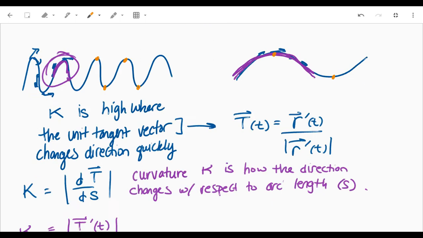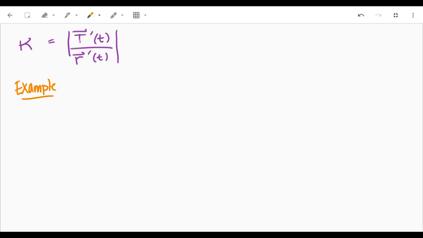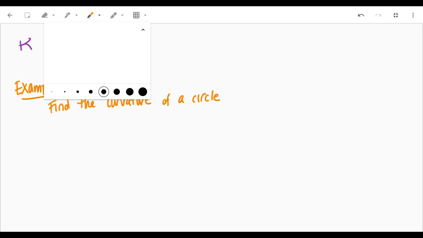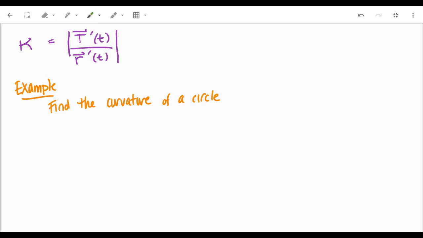Think about, again, if this were the track of an amusement park ride, when you're getting squished the most. So an example here, we're going to find the curvature of a circle. We know that the equation of a circle is x squared plus y squared equals r squared. I don't want to use r too many times, so I'm going to find the curvature of a circle with radius a.